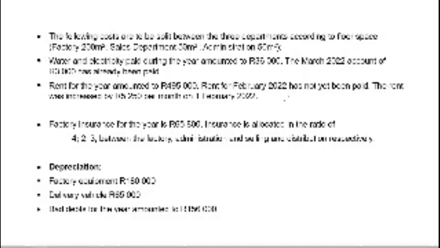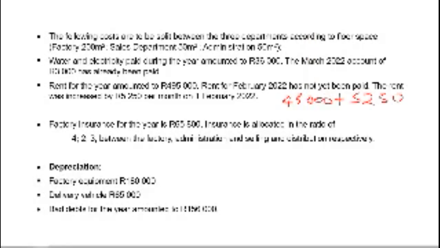So rent for February will be 45,000 plus 5,250, and that will give me 50,250. So now I've adjusted my rent.